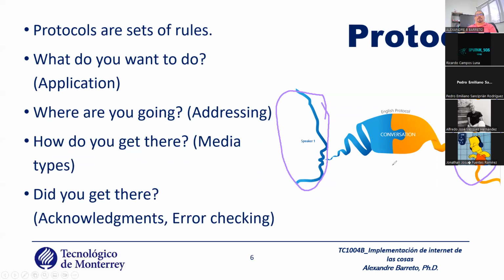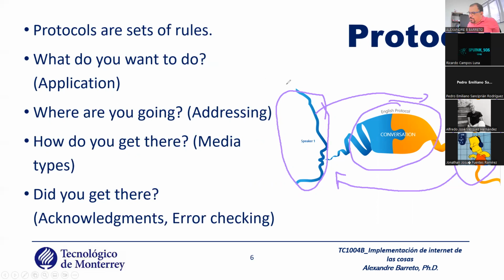If I talk Portuguese to you and you speak Spanish to me, a lot of information is lost. It's the reason that you define English as the language to talk, because in English both sides can understand what the other wants to say. A protocol is like that.